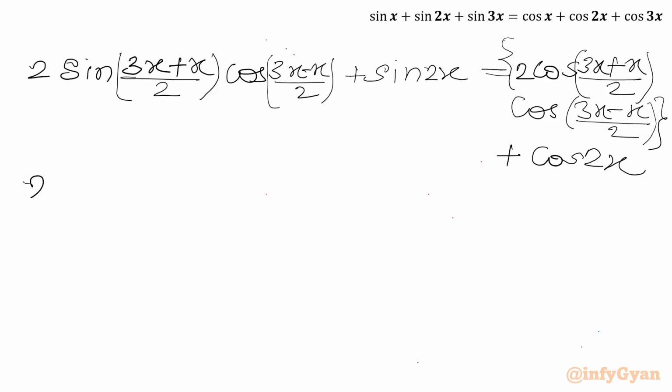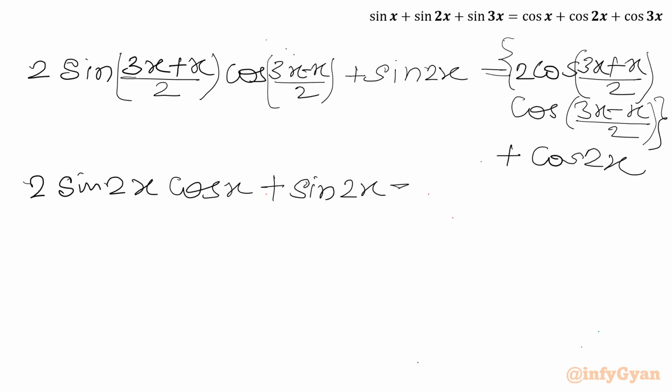Now I can simplify: 2 sin 2x cos x plus sin 2x equal to 2 cos 2x cos x plus cos 2x.